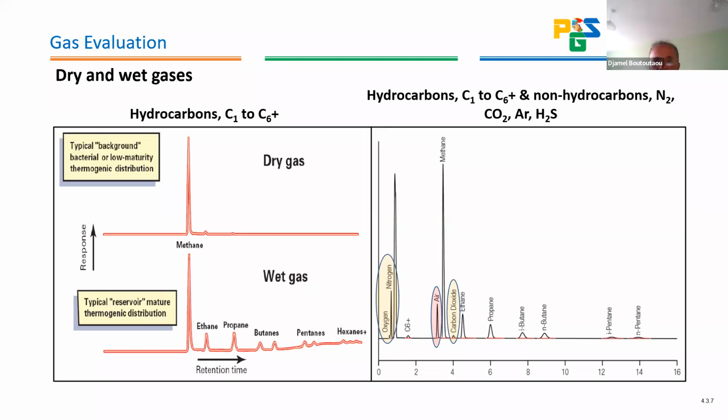This is a gas chromatography of gas samples. You can have dry gas, mostly 99% methane. You can have wet gas, which contains all the components. These are hydrocarbon gases. In addition to hydrocarbons, you can also have non-hydrocarbon gases like nitrogen, H2S, CO2, etc., and we can determine the composition of the gas.